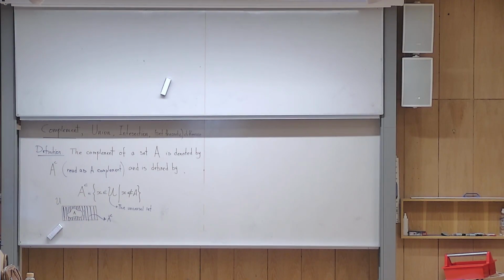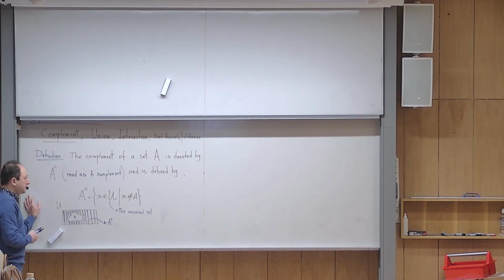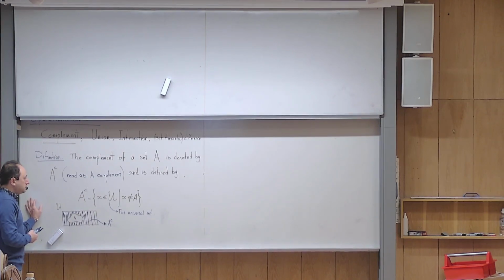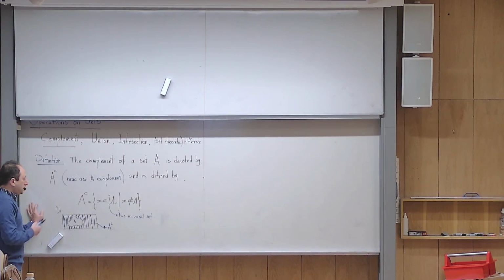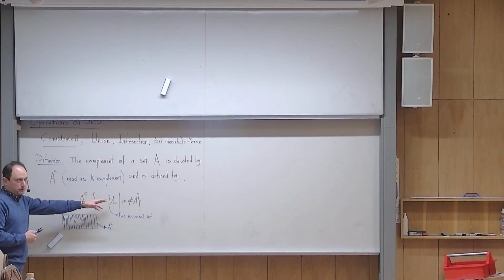So the complement of a set consists of all those elements which are in the universal set, of course, as usual, but they are not in the set itself. So whenever I ask you to determine the complement of a set explicitly, I have to make sure that you know about the universal set.